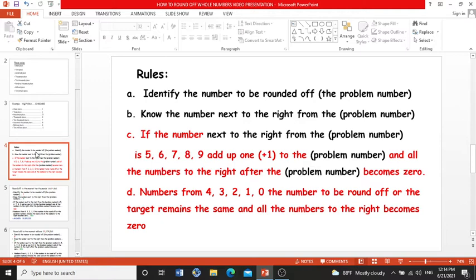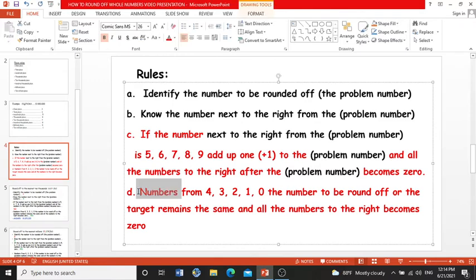And the last rule is rule letter D. Let me do it like this, the same as before. It's much better, so that it'll be more understandable.